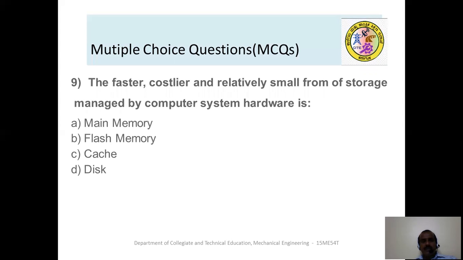The faster, costlier, and relatively small form of storage managed by computer system hardware is main memory, flash memory, cache memory, disk. The answer is the cache memory.